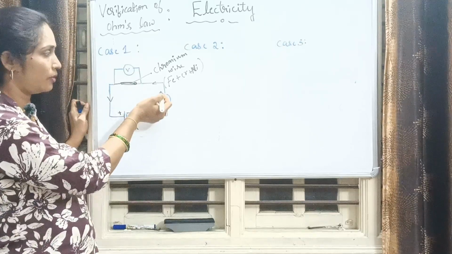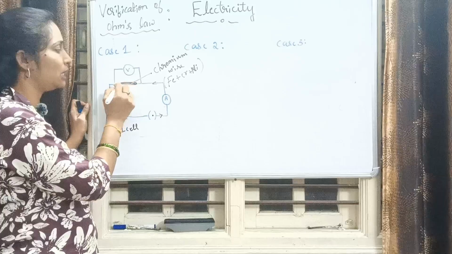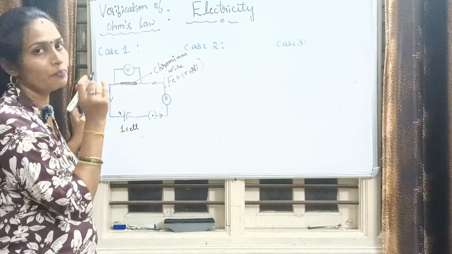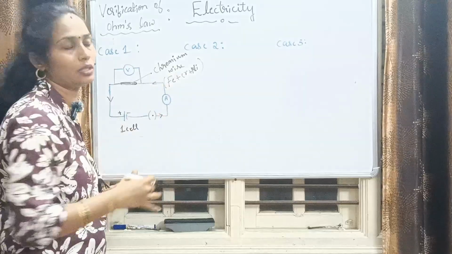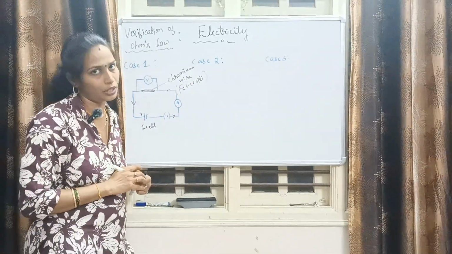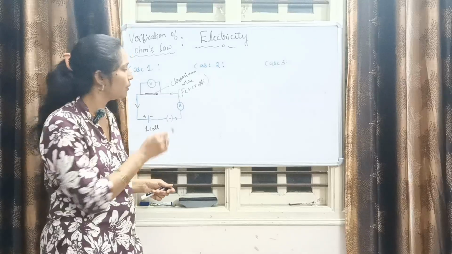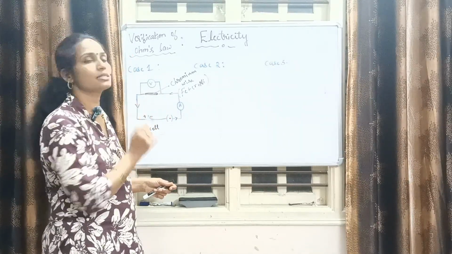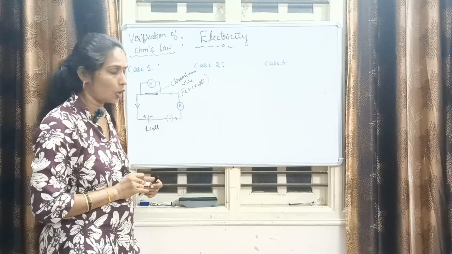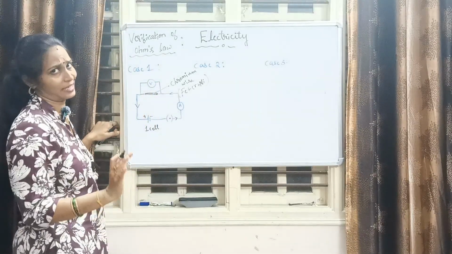You will study more about chromium in your higher classes. Just keep one thing in mind, that current will not flow easily through this chromium wire. So this is my first case.